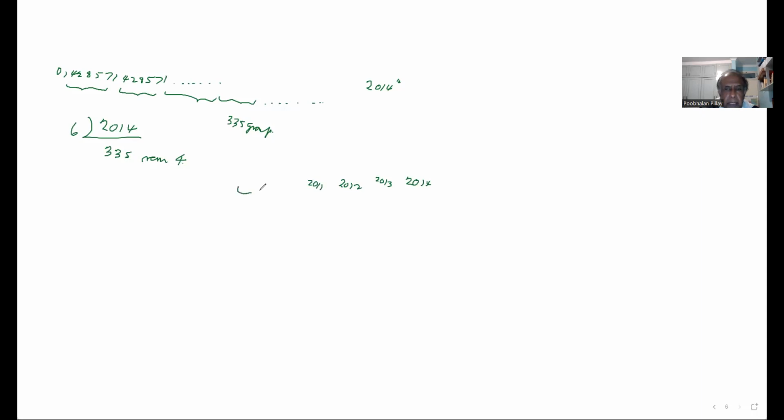And the last group of 6 finishes there. That's the 335th group. If you multiply 335 by 6, you'll get 2010. And then after that, you go up to 2014, four other steps.